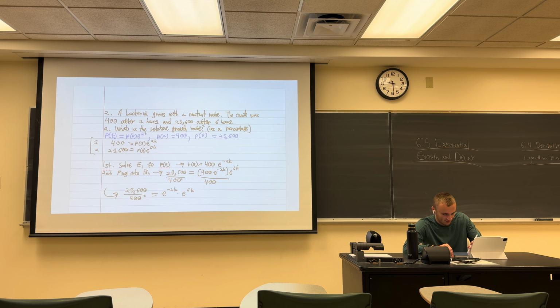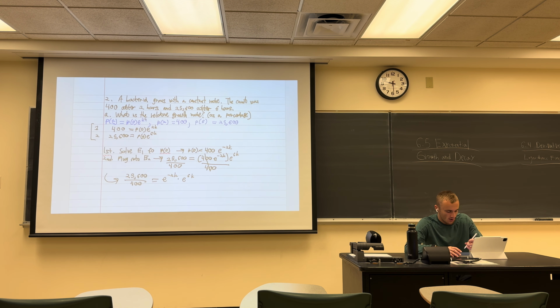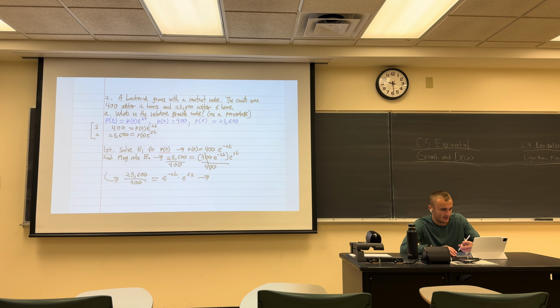So we just got rid of that 400 term, we just divided it out. Now things are a little bit simpler. Dividing that fraction on the left gives us 64 equals e to the 4k. We're just combining these exponents, which gives us e to the 4k.